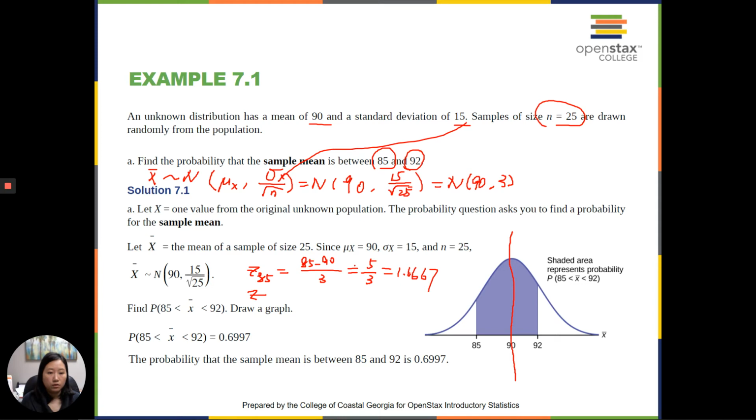Negative, sorry, negative. And Z92 is equal to 92 minus 90 divided by 3, which is positive 0.6667. And if we take a look at the tables, we'll be able to find the probability of the z-score.